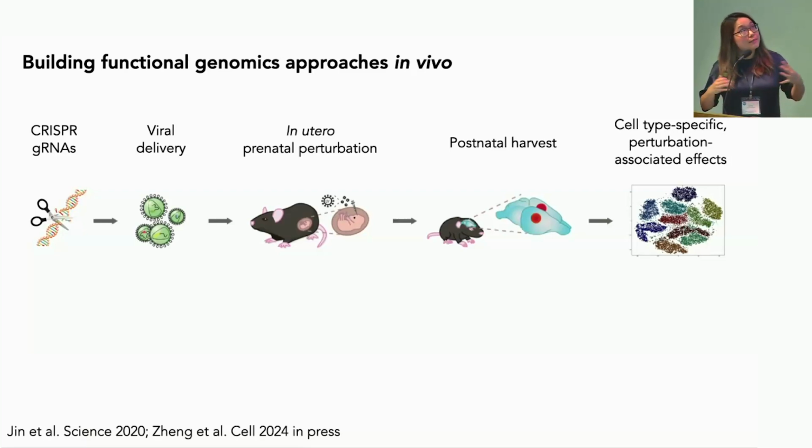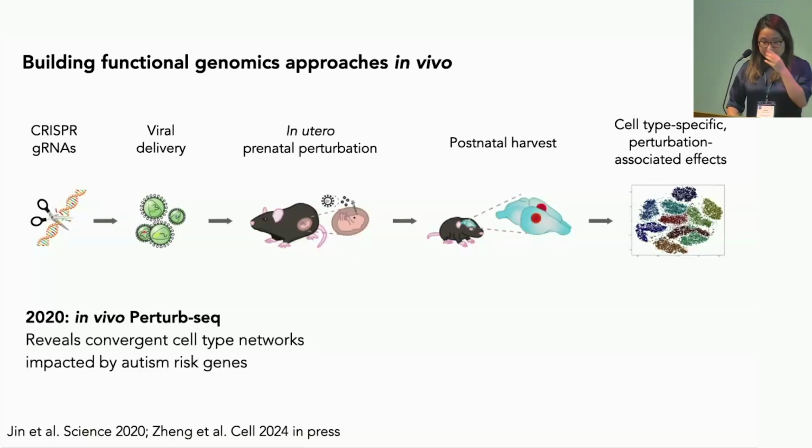We can do so in pool, and days, weeks, or even months after in vivo development, we can harvest the tissue, look for these perturbed cells, and use a high-resolution, high-content method such as single-cell RNA-seq to profile each individual cell and each individual perturbation. What are the cell-type-specific perturbation effects for each of these risk genes we are interested in targeting?